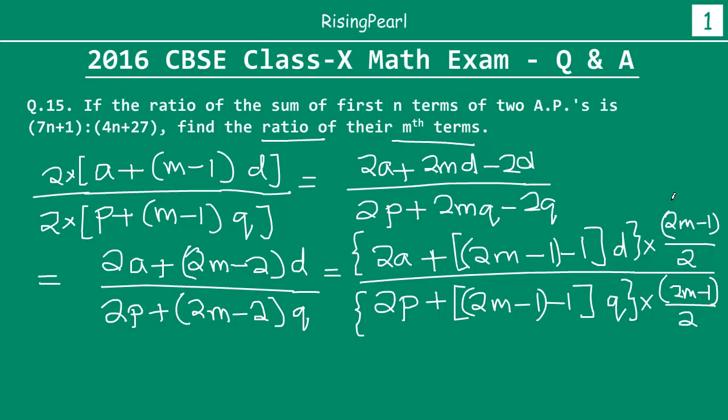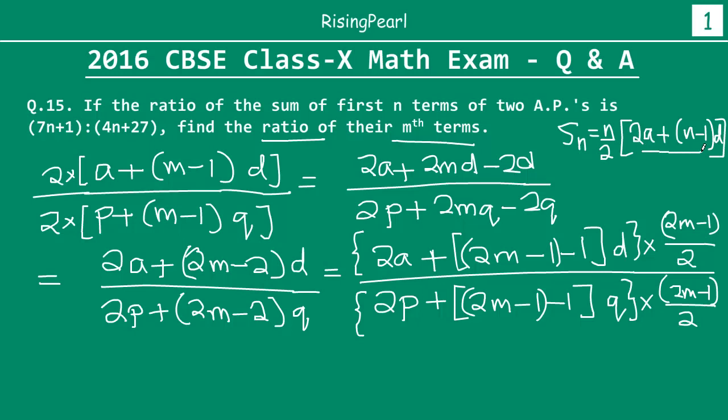For a moment, if you ignore this and notice just this part, this looks like, remember, the sum of first n number of terms, Sn, is equal to n by 2 times twice the first term plus n minus 1 times d. So the sum of first n numbers is n by 2 times twice a plus n minus 1 times d.